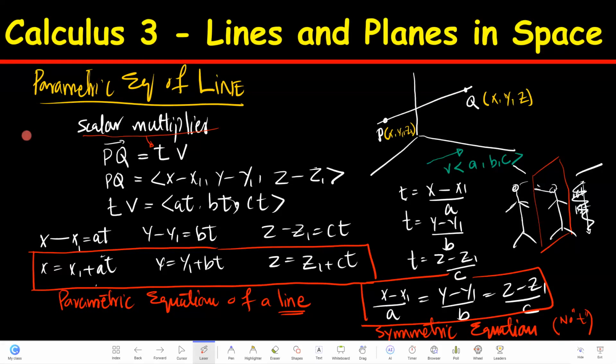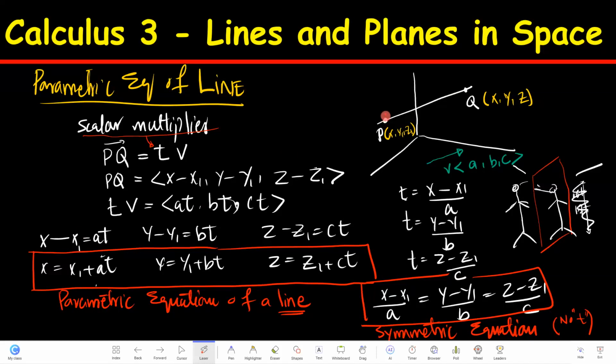It means one line can have more than one possible parametric equation. Depending on which point you take, you can develop the equation and go from there. You can take any point on PQ to develop the parametric equation.